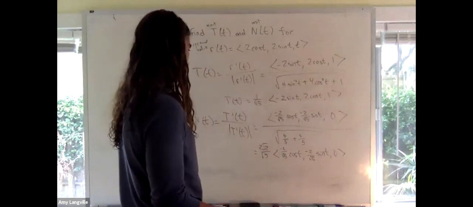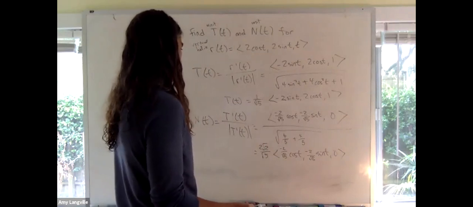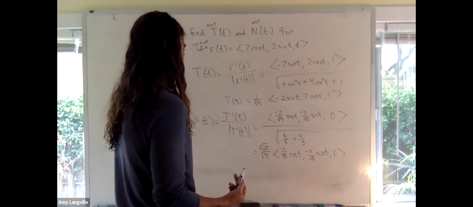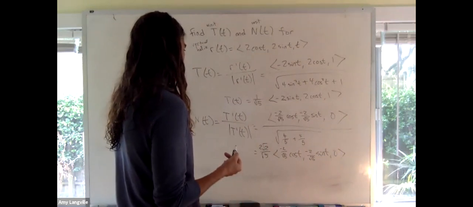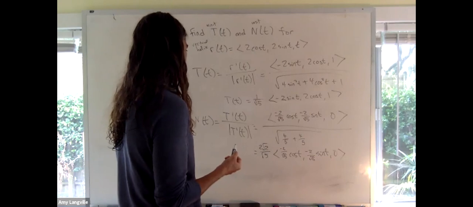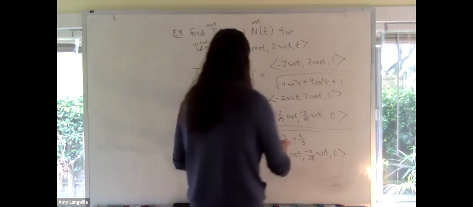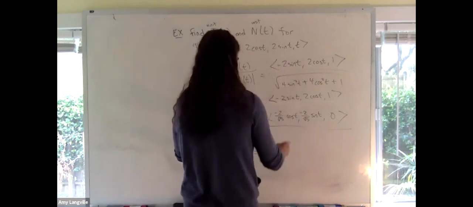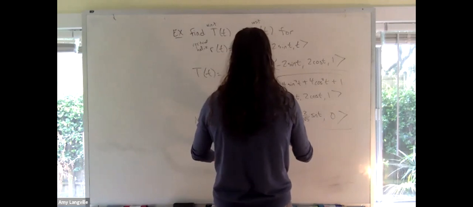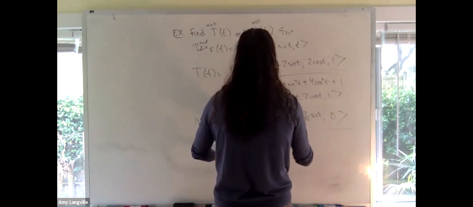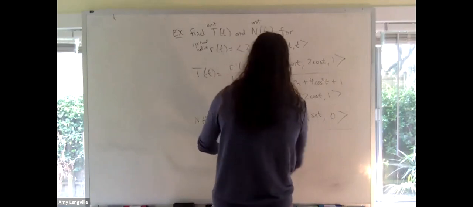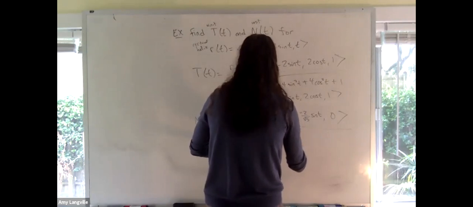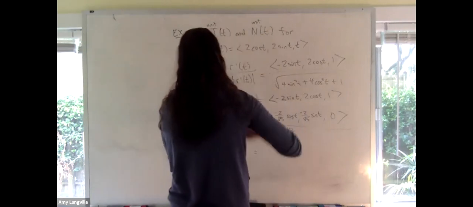Do a little more simplifying. Oh wait, I should simplify this first. This denominator. I think I got ahead of myself here. So this would be square root of 8/5, which is square root of 8 divided by square root of 5. Those things will flip.